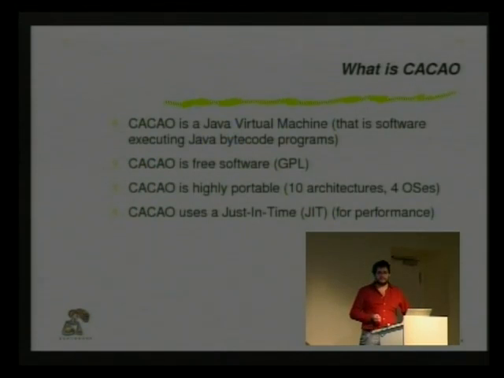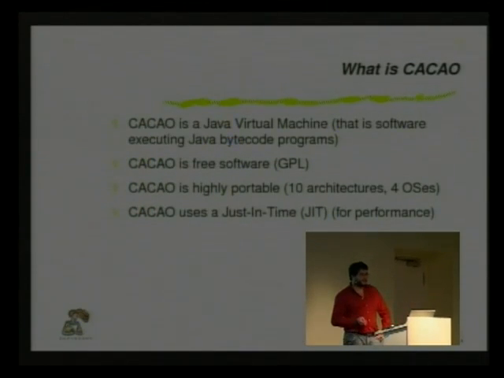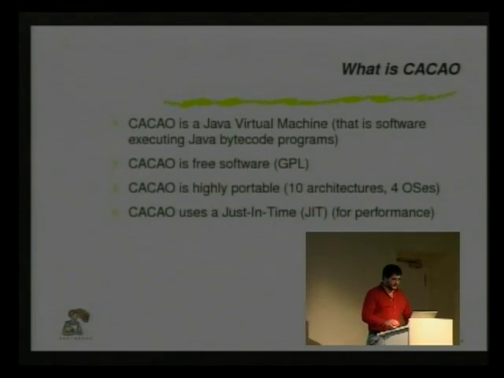CACAO is free software, it's GPL licensed, and it's available for 10 hardware architectures and 4 operating systems. Not each hardware architecture has each operating system, but it's a highly portable Java virtual machine. CACAO uses a just-in-time compiler for performance and we're quite fast. And we use only a just-in-time compiler, so there's no interpreter, so everything is compiled.